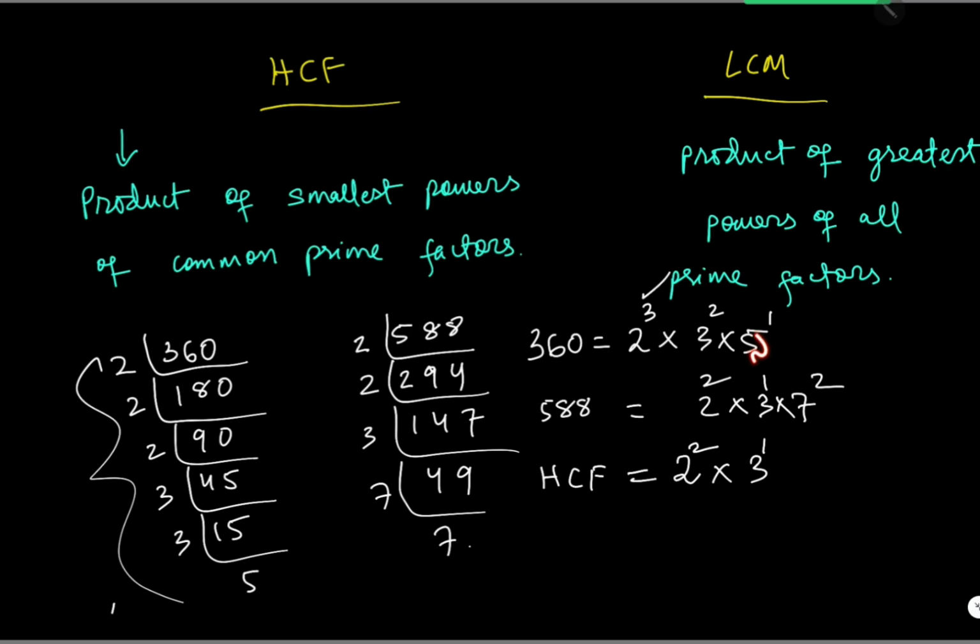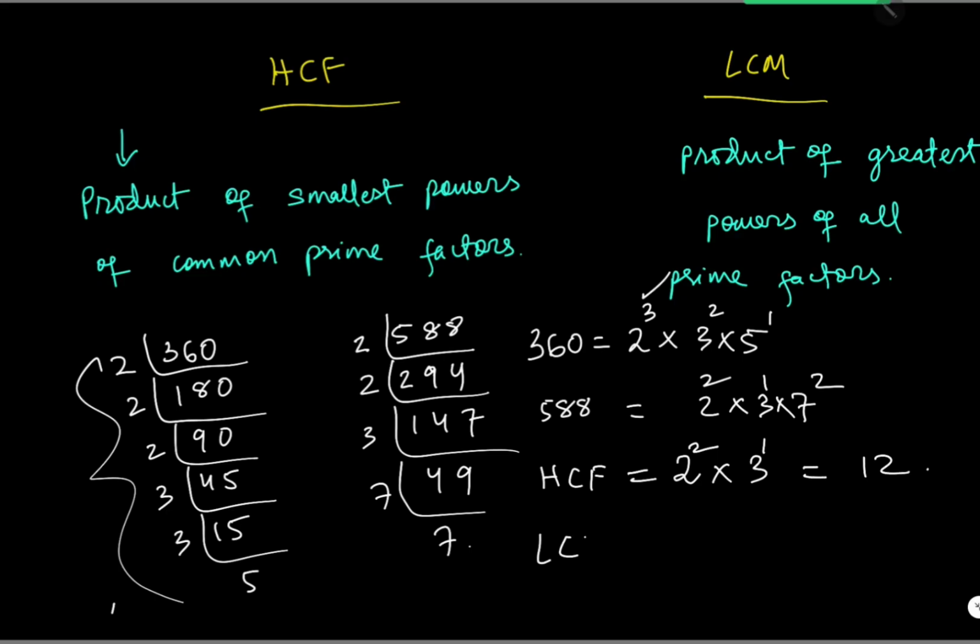And as for the number 5, I cannot consider number 5 because there is no number 5 over here. And the same goes for number 7. There is no 7 here, so I cannot consider number 7 in the HCF of 360 and 588. That means my HCF will be 12.